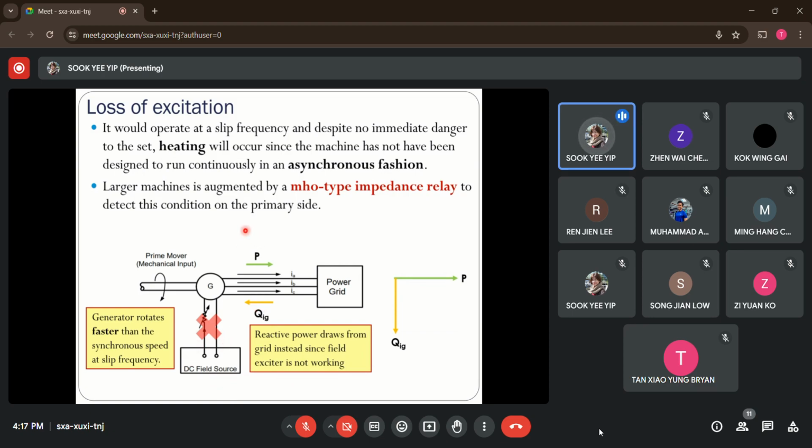We can make use of the mho type impedance relay, the most commonly used impedance relay. If we have this problem, the measured impedance value becomes much smaller, with the same grid voltage applied. That's how we treat this situation. So that is loss of excitation, which is considered a rotor fault as well.